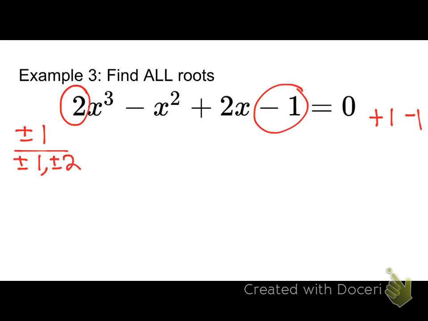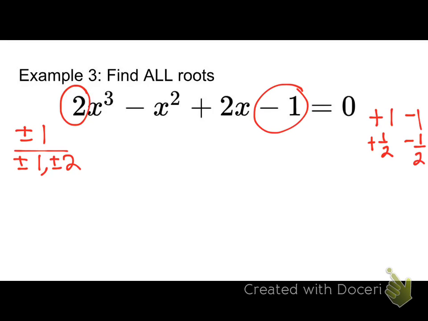What options does that give us? Plus or minus a half or 0.5. So a positive 1/2 or a negative 1/2. These are our options. We only have 4 of them this time.